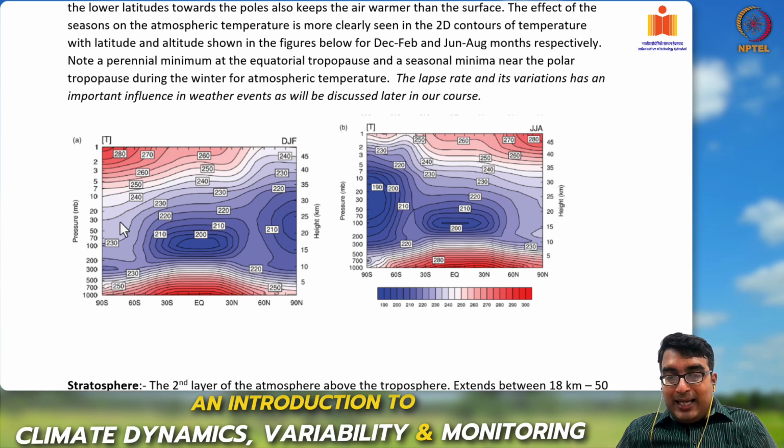In the southern hemisphere, in contrast, December, January, February is basically summer there. Here you will see that the minima is around 10 kilometers. So the tropopause basically is very close to the surface. So it's lower than the equator. It's happening at 10 kilometers. Then you see a steady rise in temperature.